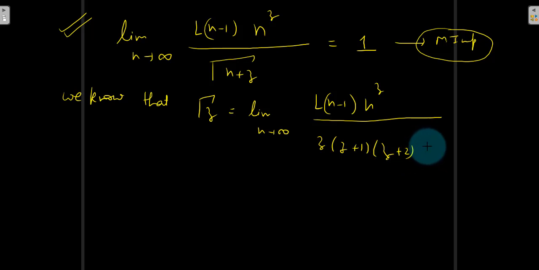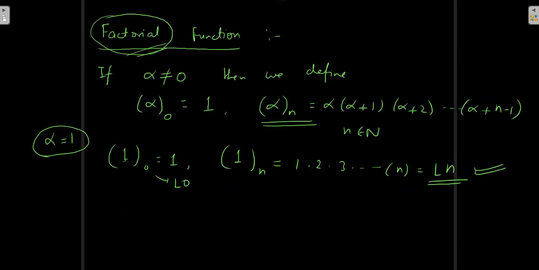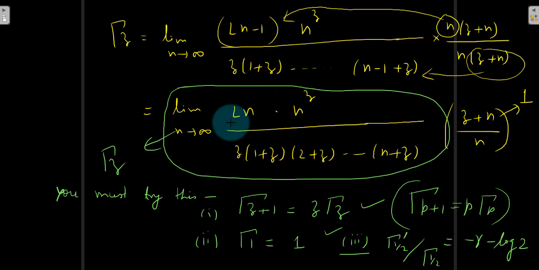I think z plus n or z plus n minus 1. Let me see that. Yes, it is the result. So gamma z is the limit as n tends to infinity of factorial n times n to the z divided by z, z plus 1, z plus 2, and so on up to z plus n.